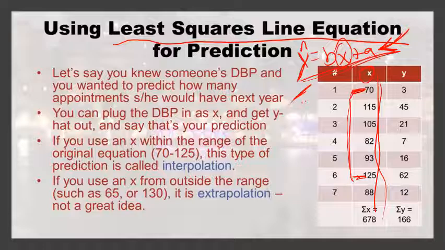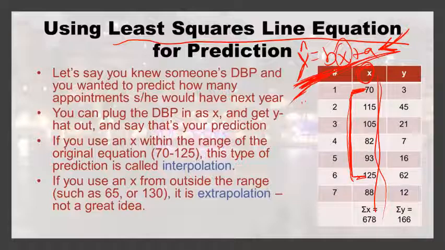So basically this equation is going to work as long as your x value, your future diastolic blood pressure readings for any patient, fall within this range. Then this is a good equation to use for prediction.